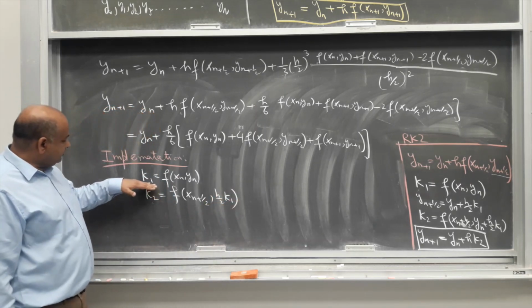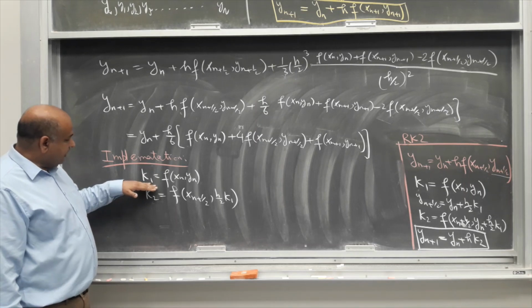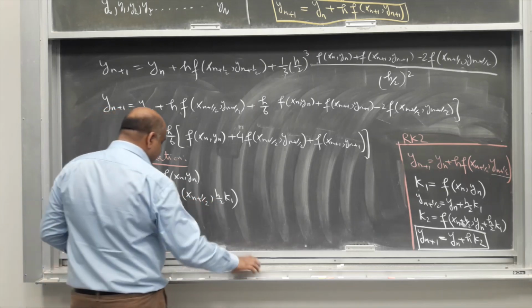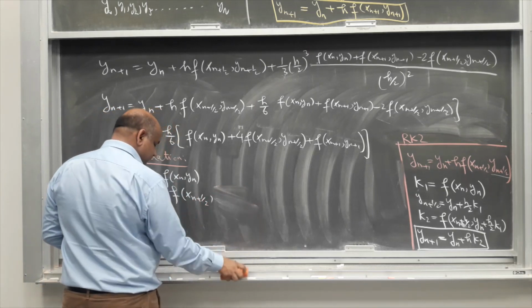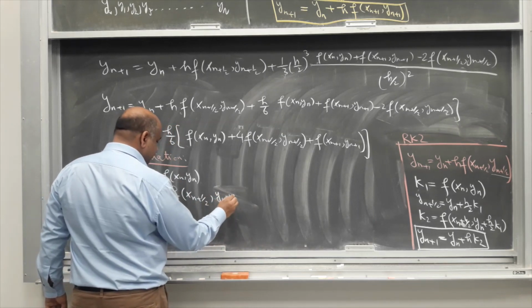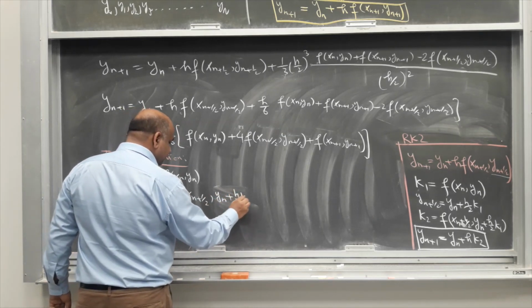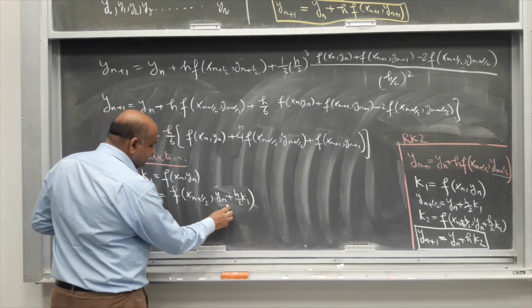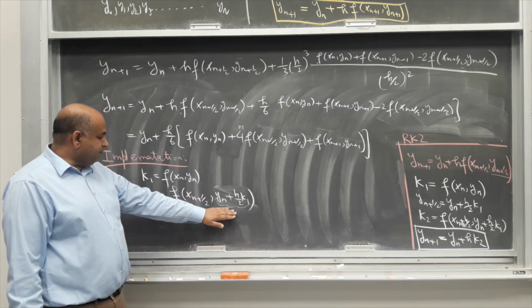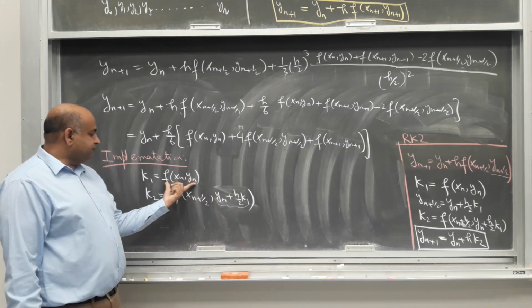So if I use this k1 as a slope to compute y_{n+1/2}, I would actually get y_n plus h by 2 k1. So this is nothing but y_{n+1/2} computed by the Euler method using this as a slope.